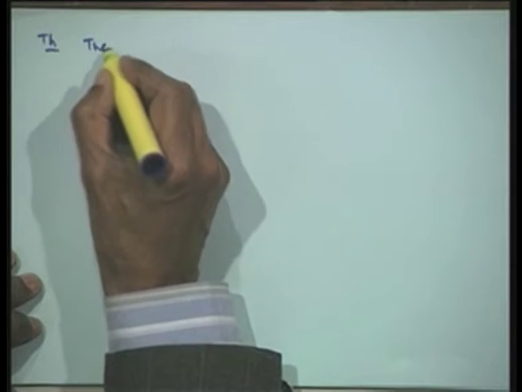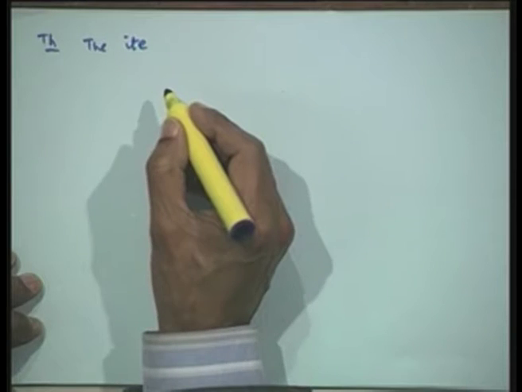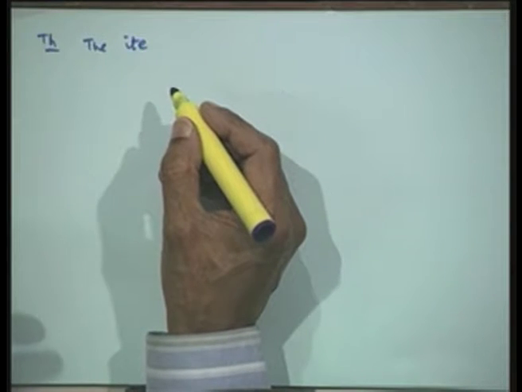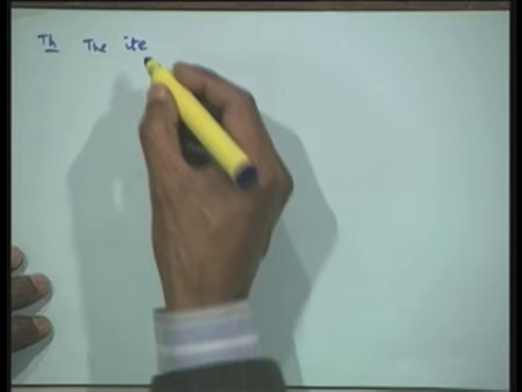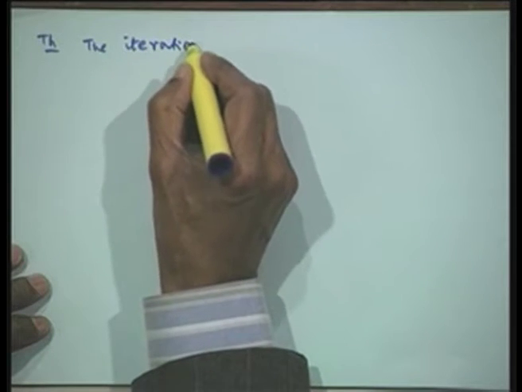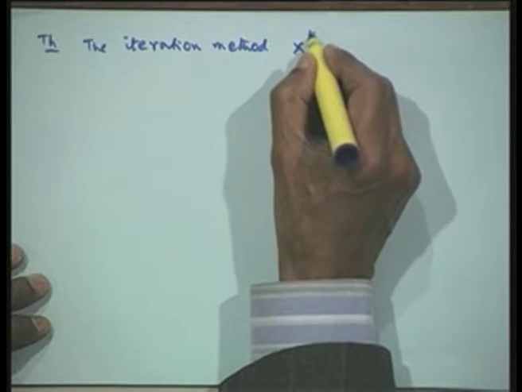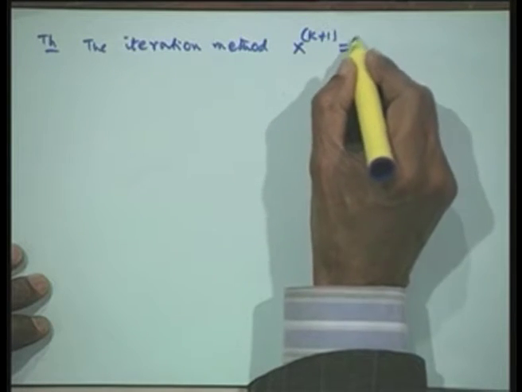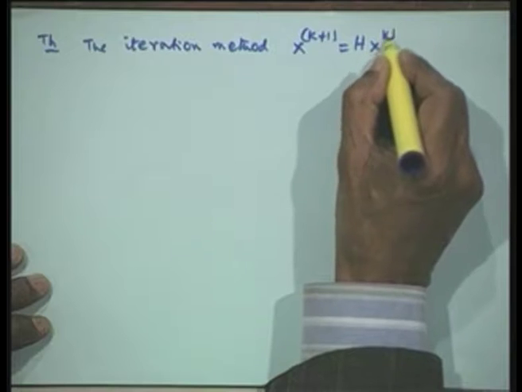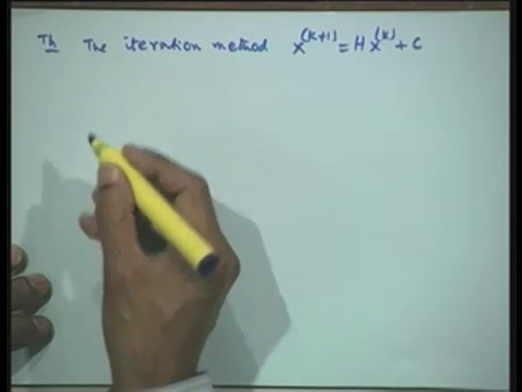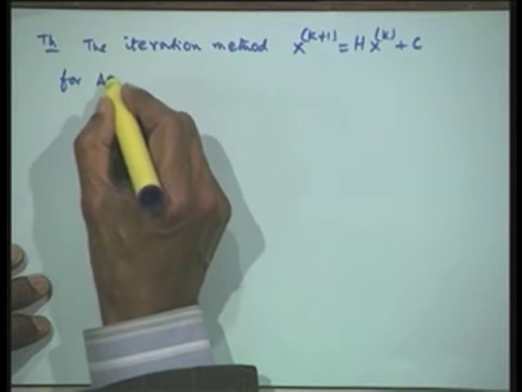Now the iteration method that we have derived for successive relaxation, Gauss-Jacobi and Gauss-Seidel, for all of them, we have written it as x(k plus 1) is equal to H x(k) plus c for Ax equal to b.